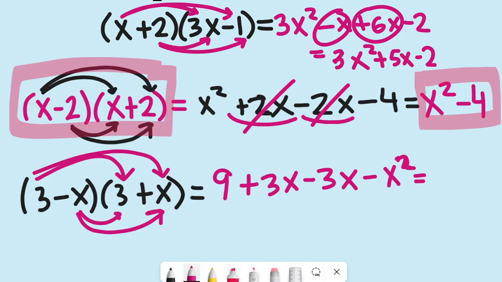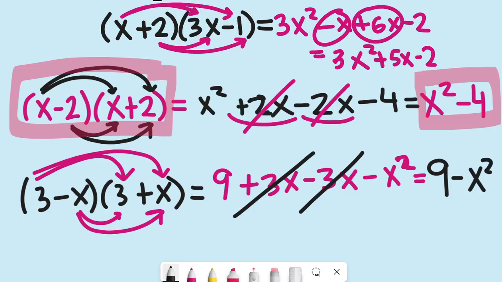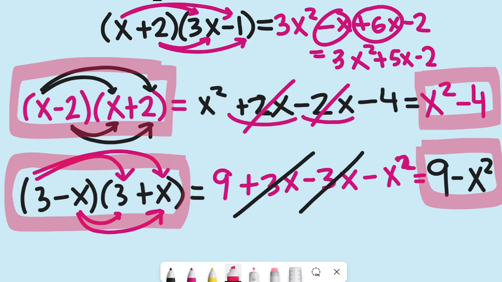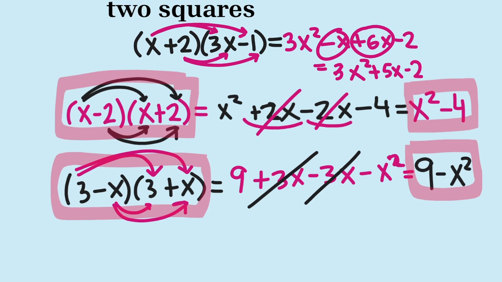So this is equal to what? Positive 3x and negative 3x will cancel each other out again. So we have 9 minus x squared. Again, 3 minus x and 3 plus x will give us 9 minus x squared.